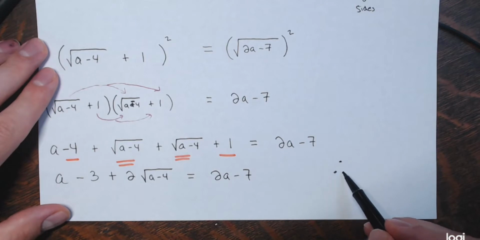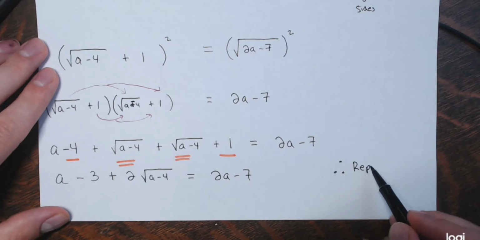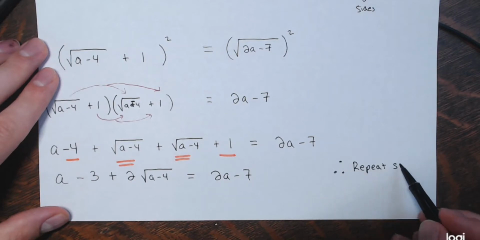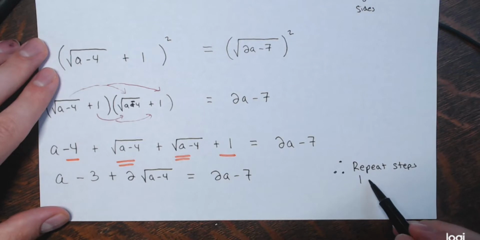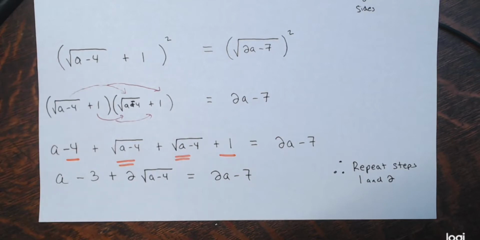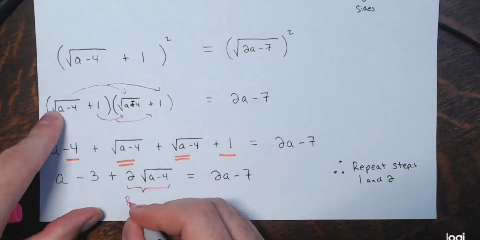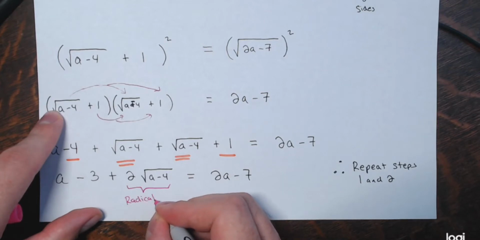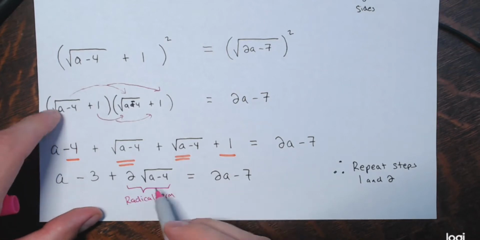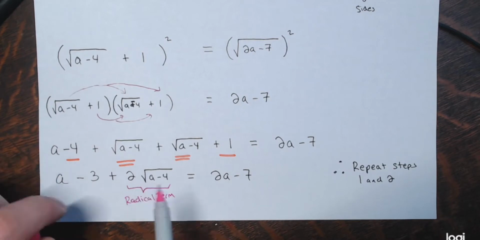Now the third step is just repeat steps 1 and 2. Alright, because notice I've got a radical term here. Right, a term where one of the factors is a radical, one of the factors is a square root.